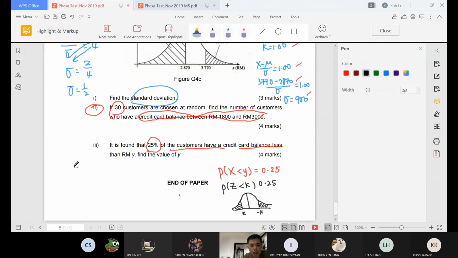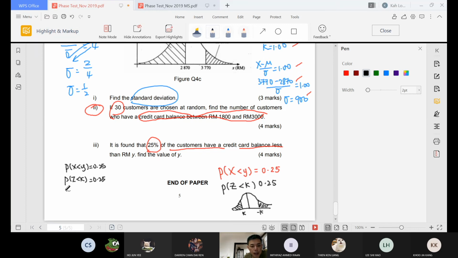So at first you start with X less than Y is 0.25, and then after that you change to the z-score, 0.25 as well.